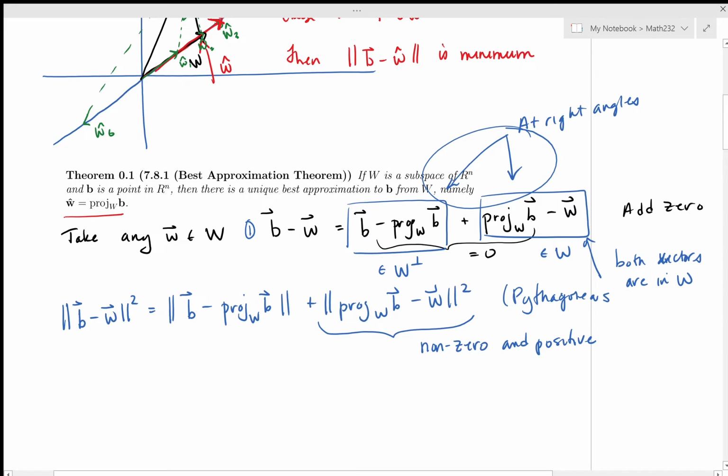This number right here is non-zero and positive.